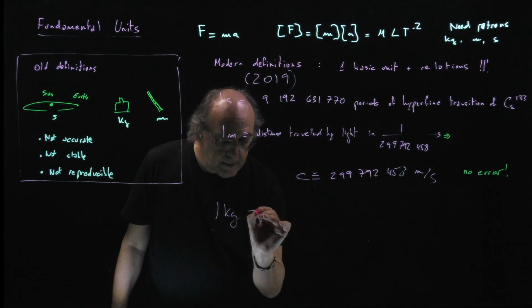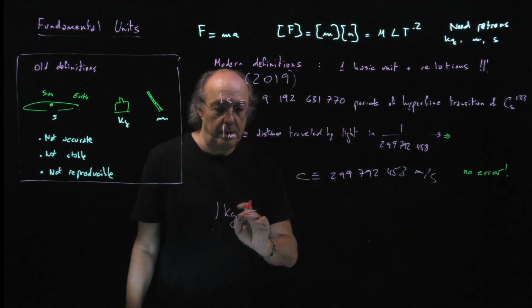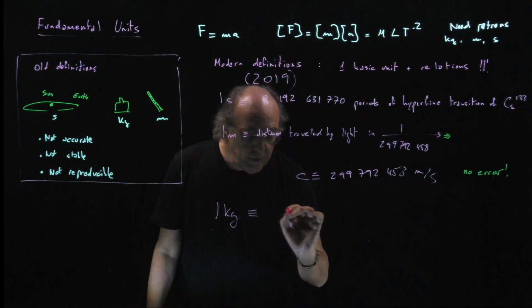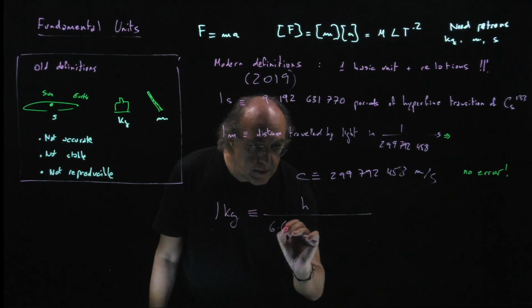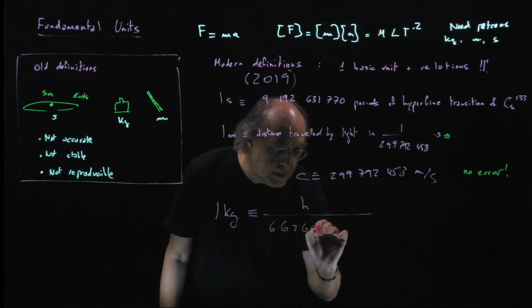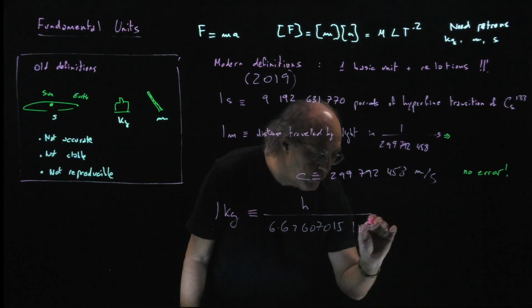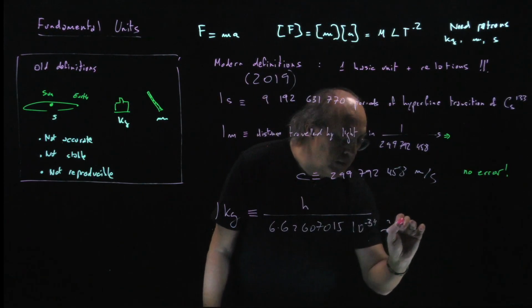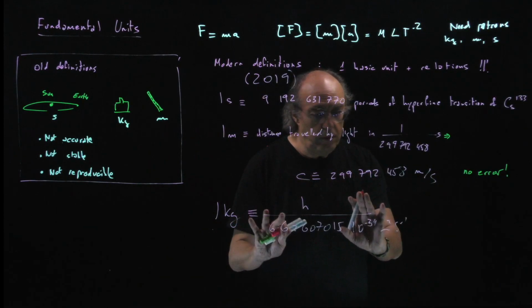And this is an assignment, so this is a definition. We define h, the Planck constant, divided by 62607.015 times 10 to the minus 34 meters squared per second. And when we put everything here, we have a definition.